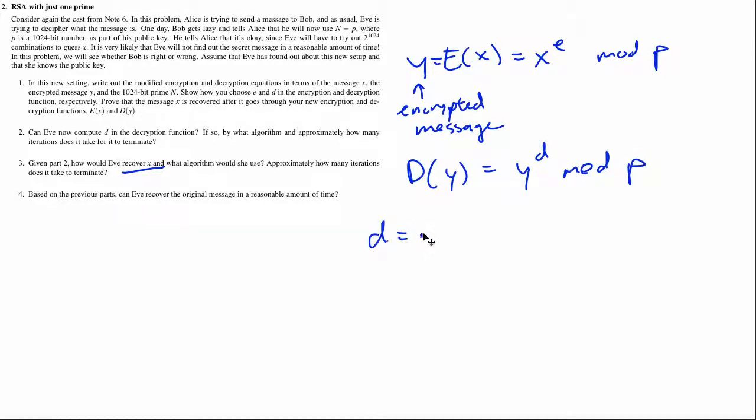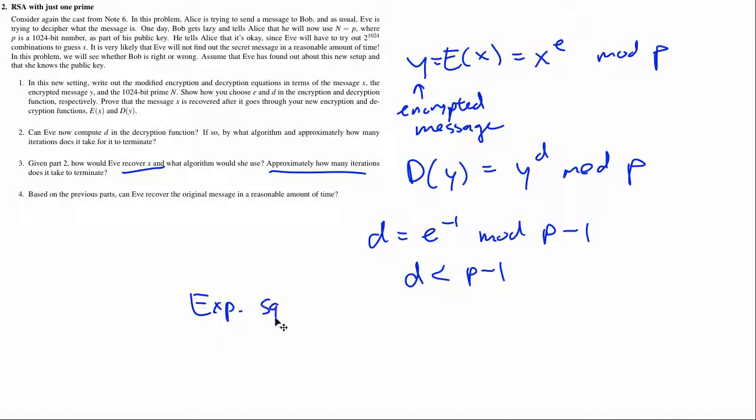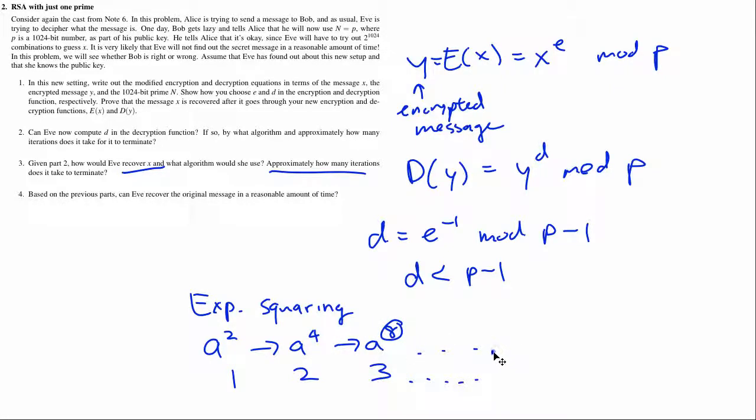And where did d come from? Remember that d came from e inverse mod p minus 1. So we can know for sure that d must be less than p minus 1. And so approximately how many iterations, we can cap this with an upper bound. So when we do exponential squaring, right, remember that we have a^2, and then we can calculate a^4, and then a^8 after that with 3 calculations. If you go on, then you'll realize that you lose a bit every time because you increase the exponent calculated by a factor of 2.